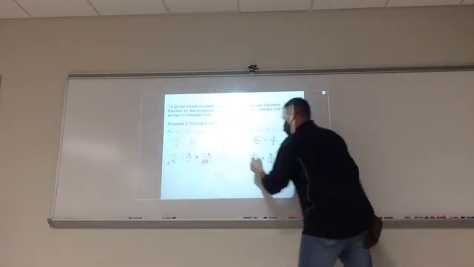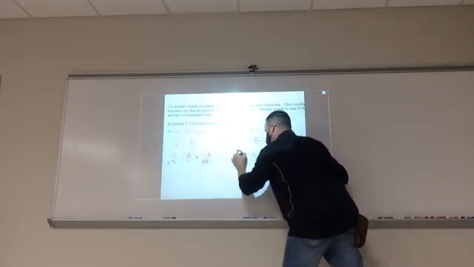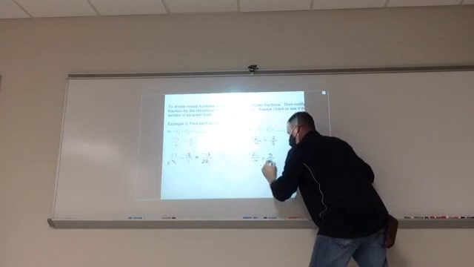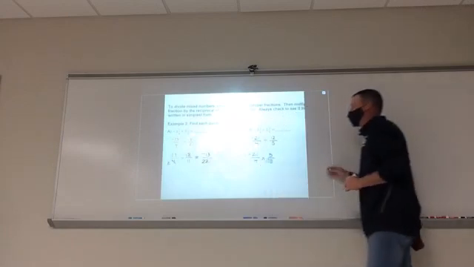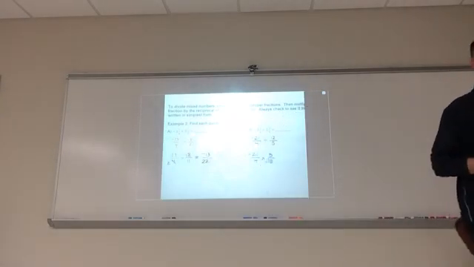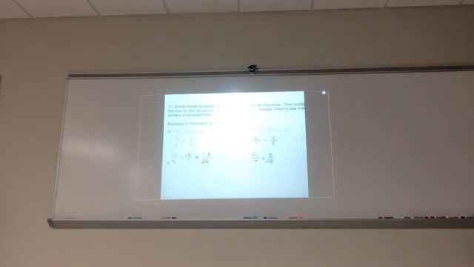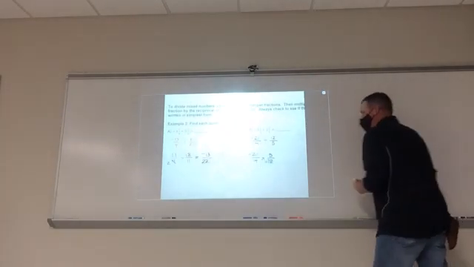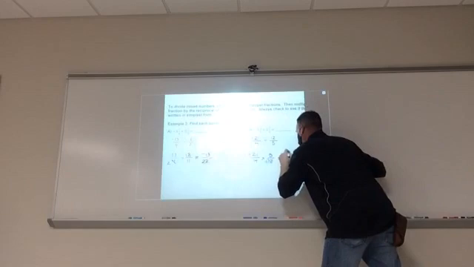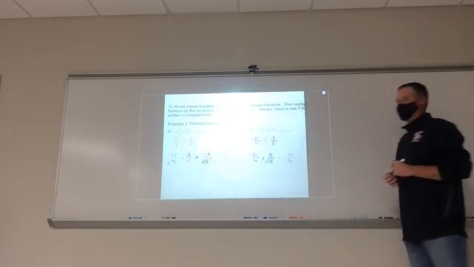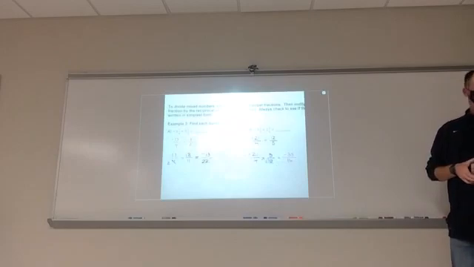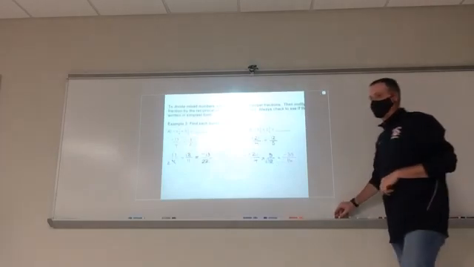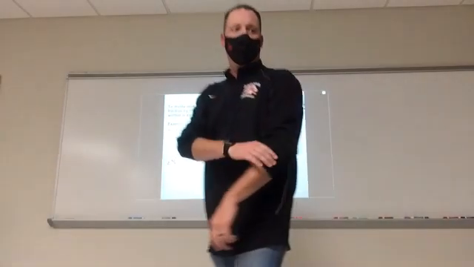Negative 21 divided by 3 is negative 7. 12 divided by 3 is 4. Any other common factors? No. Negative 7 times 5? Negative 35 over 4 times 4, which is 16. There is my final answer. 35 and 16 are both relatively prime.